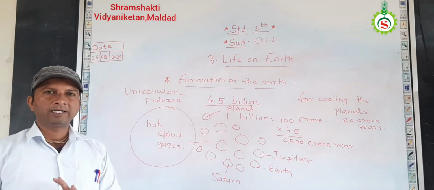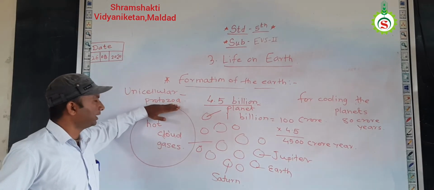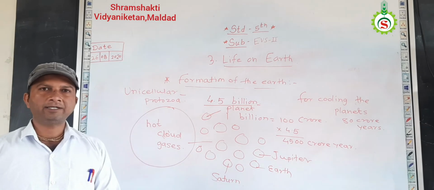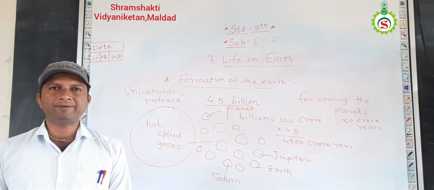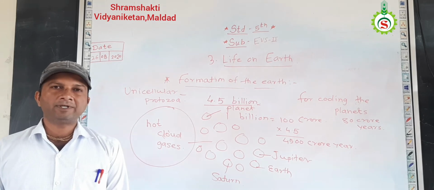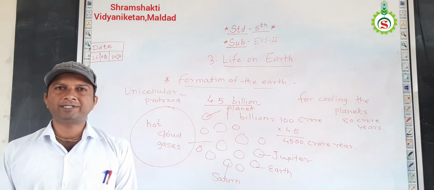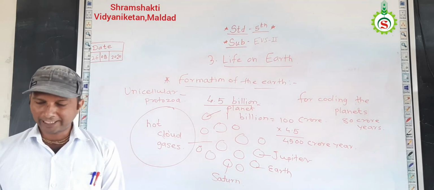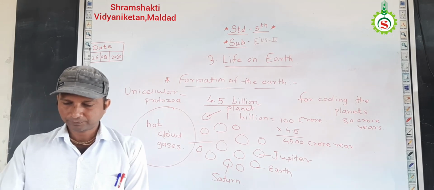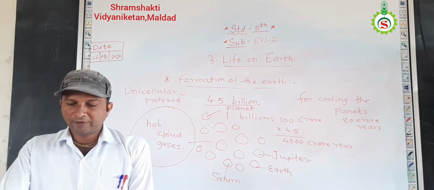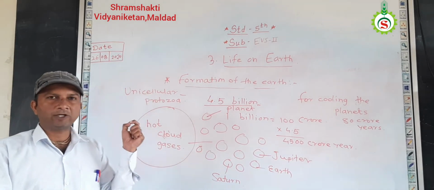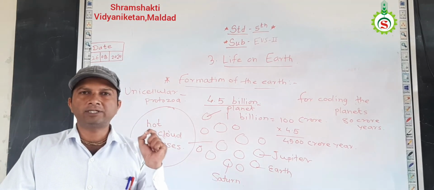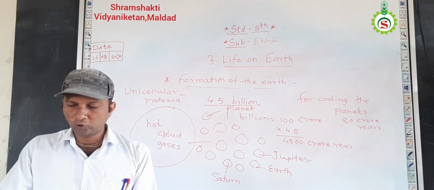So firstly, smaller animals called protozoa are formed on the Earth, and after that slowly animal development takes place, and then the larger animals like elephant, human beings, whale are formed on the Earth's surface. So the first known organism, which is unicellular or a small microscopic organism formed on the Earth's surface, is called protozoa.